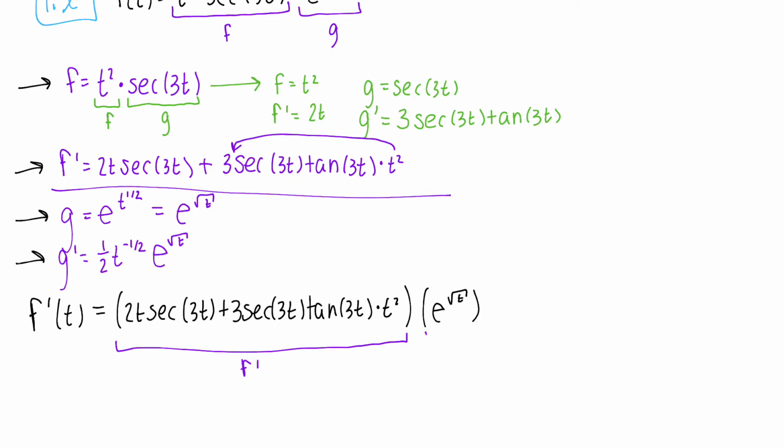Sorry to confuse everybody. F prime g plus g prime is 1/2 t to the negative 1/2 times e raised to the square root t. And then f, which is t squared secant 3t.